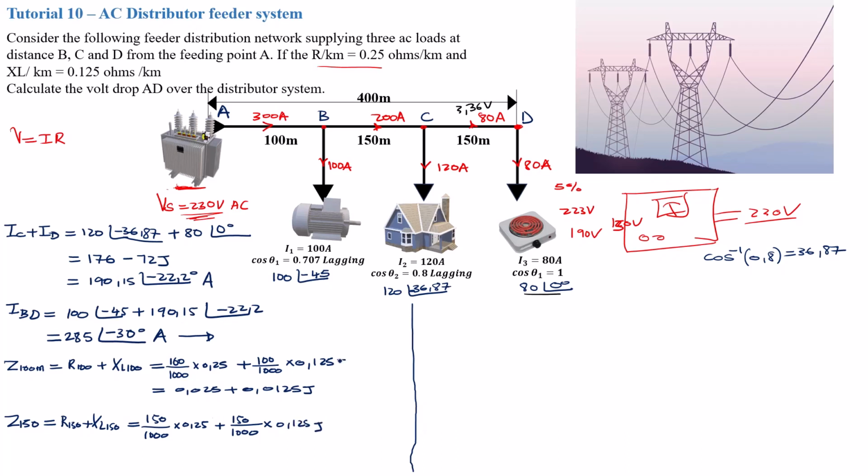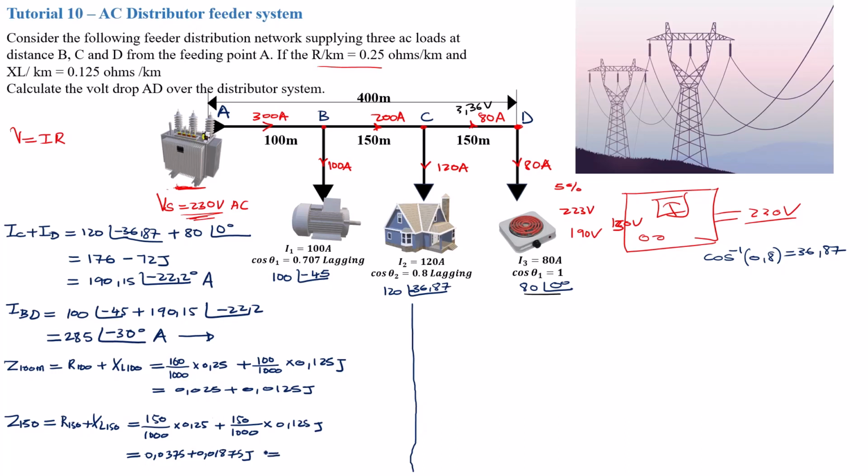Okay, there is a j here. Now this is going to be an impedance of 0.0375 plus 0.01875j.